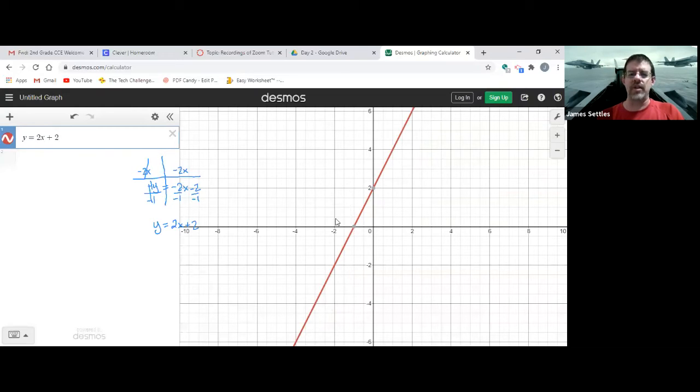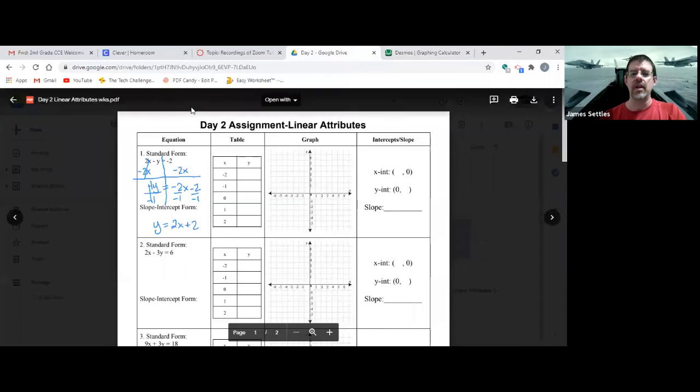For today, I'm really just interested in that -1. And then the y-intercept would be 2, or 0, 2. And so we're going to come back to the assignment. Right here, we would put, I think it was -1, 0 and 0, 2. We are not going to do slope today.